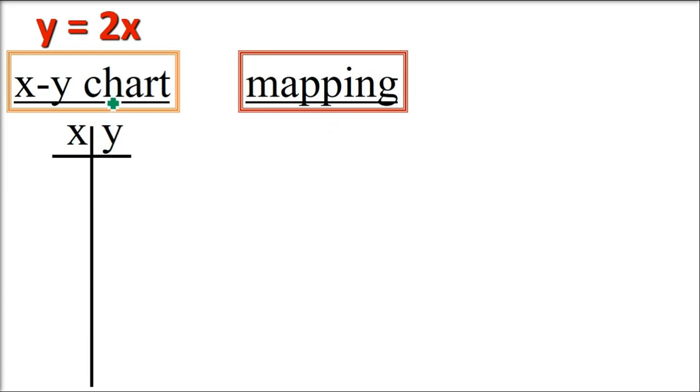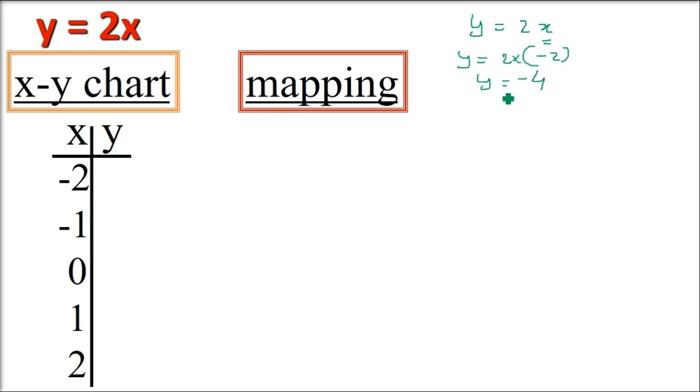If you see here y equals 2x, let me show you one of the values. If I put x as minus 2, what will be the y value? y equals 2x, so 2 multiplied by negative 2, y is equal to negative 4. Similarly, if you put minus 1, you will get minus 2.